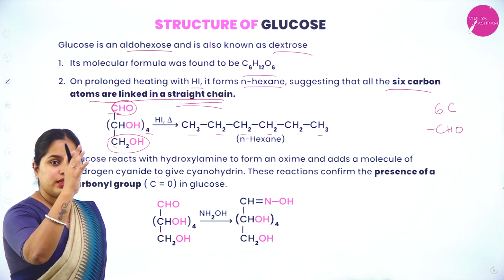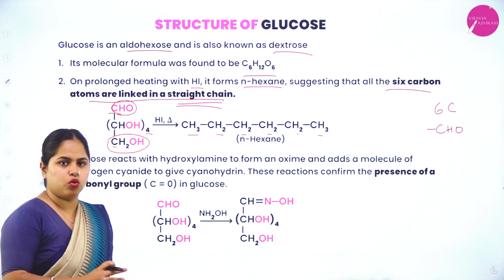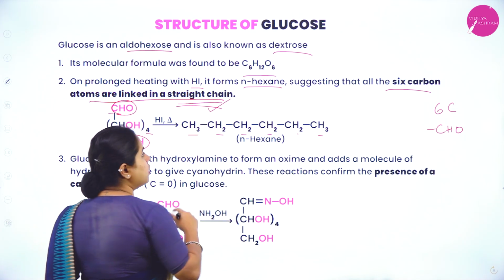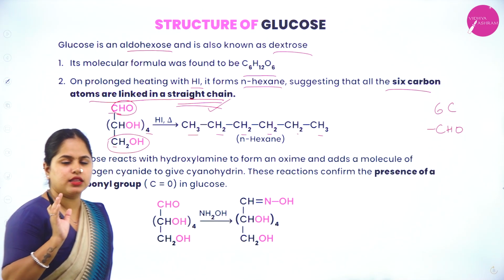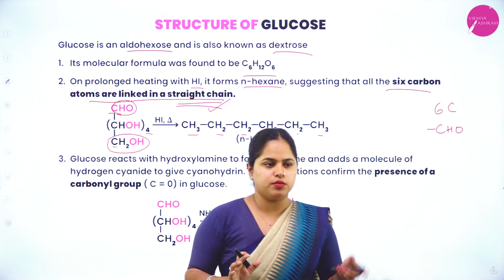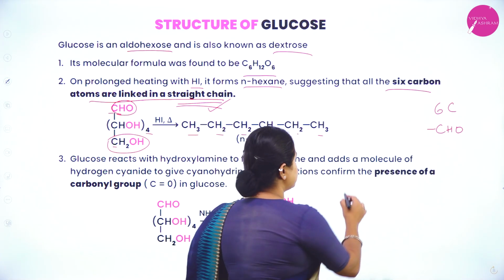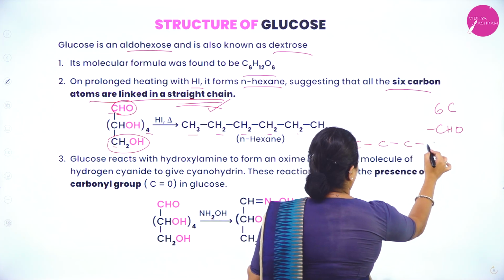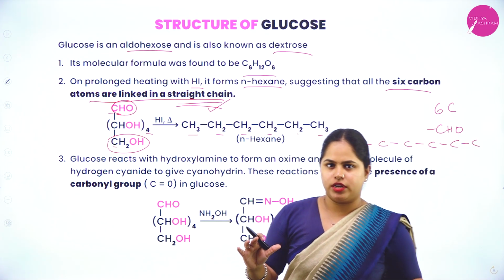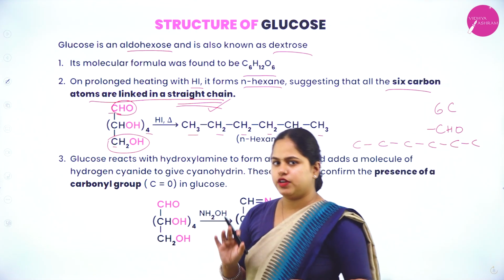That means all the 6 carbon atoms in glucose are present in a straight chain. Okay, that was the first result that we found regarding the structure of glucose. So there are no branches regarding the carbon atoms. All the 6 carbon atoms, that is 1, 2, 3, 4, 5, 6, are present in the straight chain. So that was the first thing.